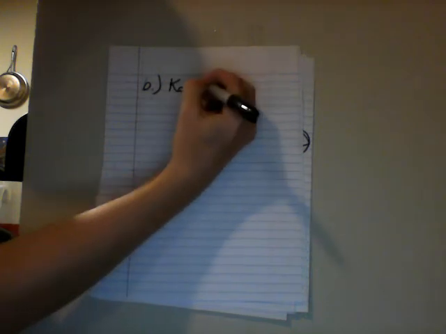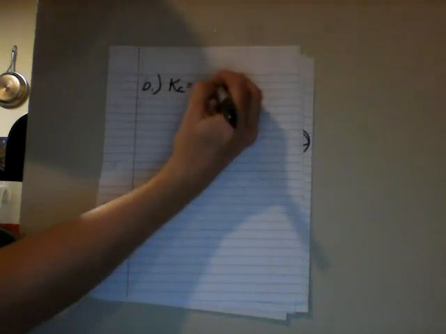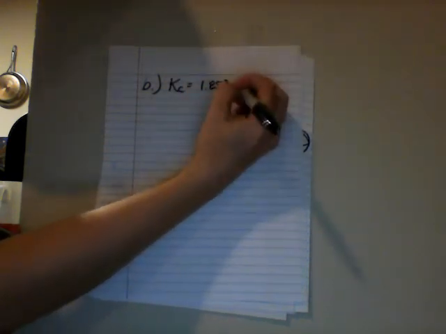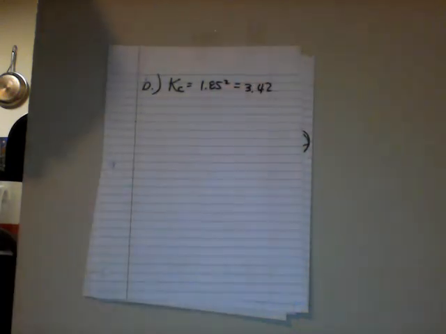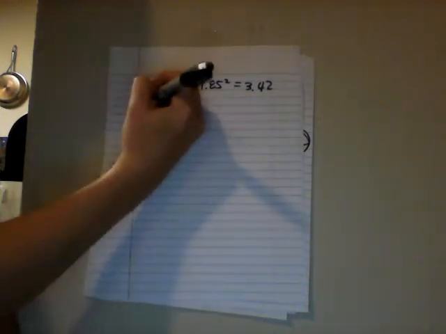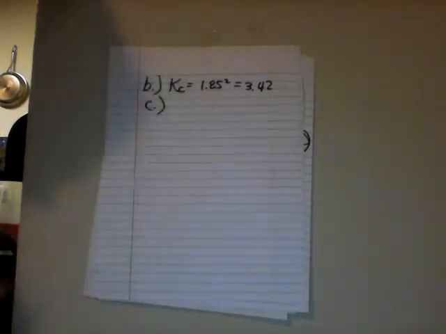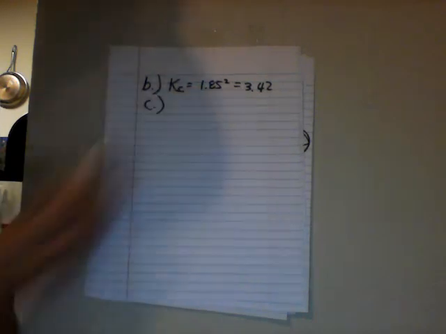So in part C, what is the value of KC for the reaction in part B? So in part B, we found my KP to equal that 1.85 squared, which was equal to 3.42. It says, what is the value?